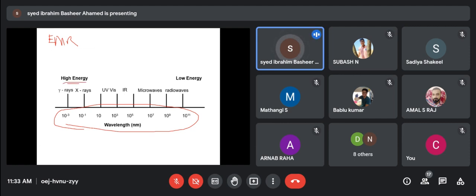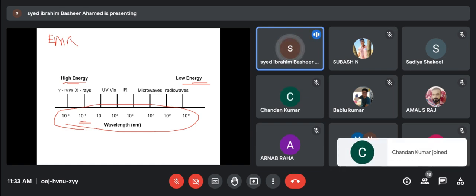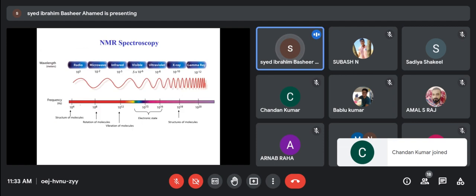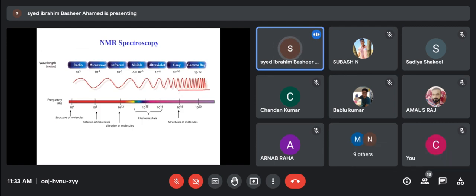You have high energy photons and low energy photons as well. High energy photons have a very small wavelength, a very smaller wavelength and higher energy.